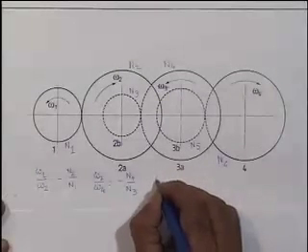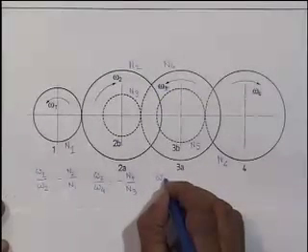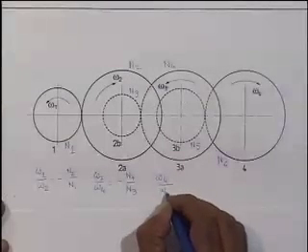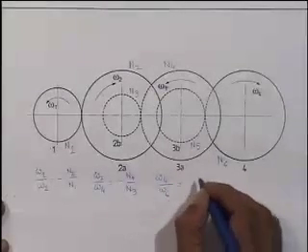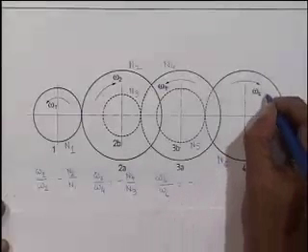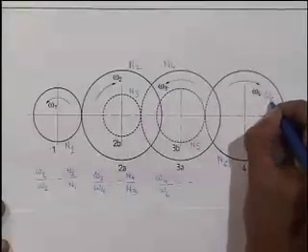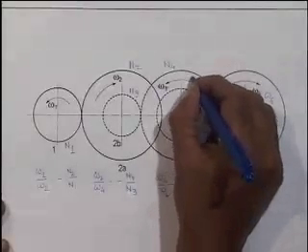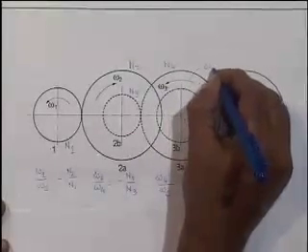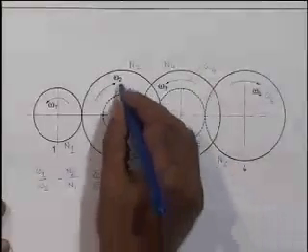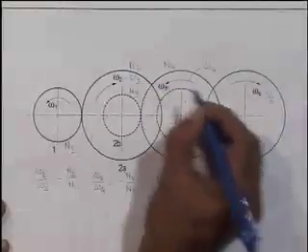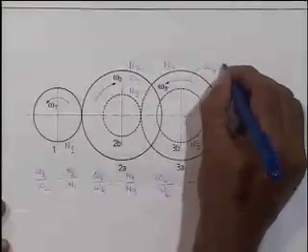So we can write omega 5, which is same as omega 4, divided by omega 6. I write omega 6. This I write omega 4, which is same as omega 5, and this is omega 2, which is same as omega 3, and this is same as omega 5.